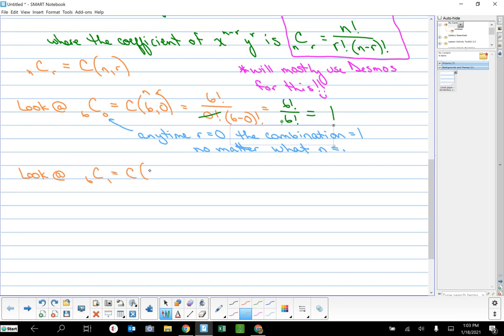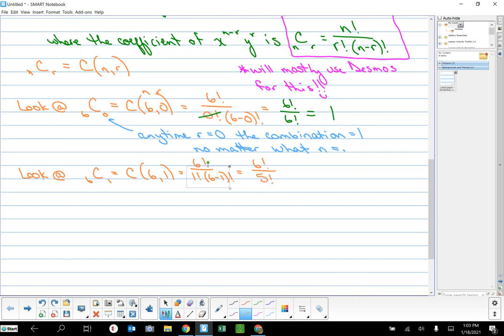Well, that means C(6, 1). So we're going to go 6 factorial over 1 factorial times (6 minus 1) factorial, which means I have 6 factorial over 1, and the denominator is 5 factorial.